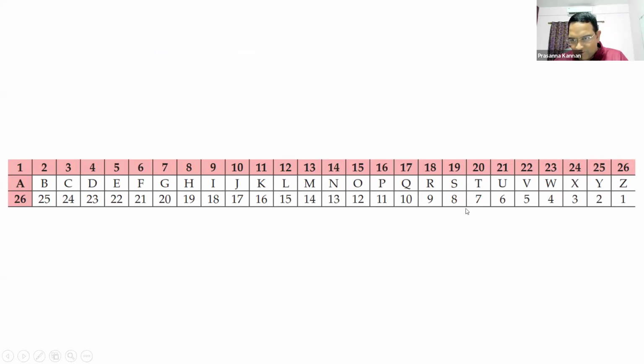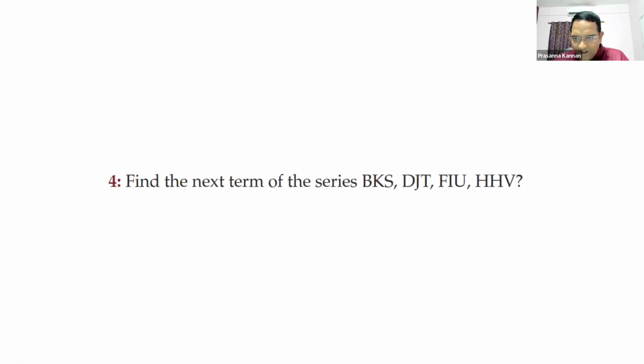The other one is the reverse order, where you start numbering Z as 1 till A as 26, correct? So let's look at a few questions based on this. I have not given you options for this question.